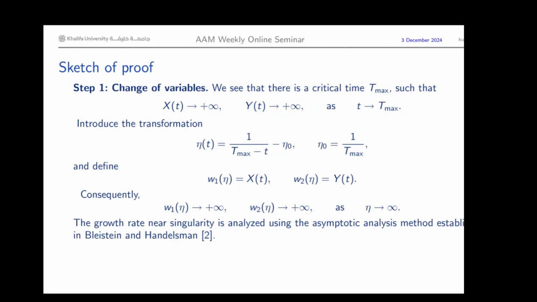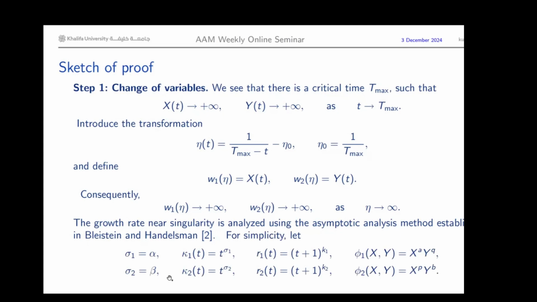I don't know really if it is there already in the literature, but this asymptotic method by Bleistein allows us to provide the growth rate of the singularities even without knowing exactly where Tmax is. The analysis still goes. For me, it is really interesting, and it's even more interesting when I see how they apply it, so that I can apply it here.